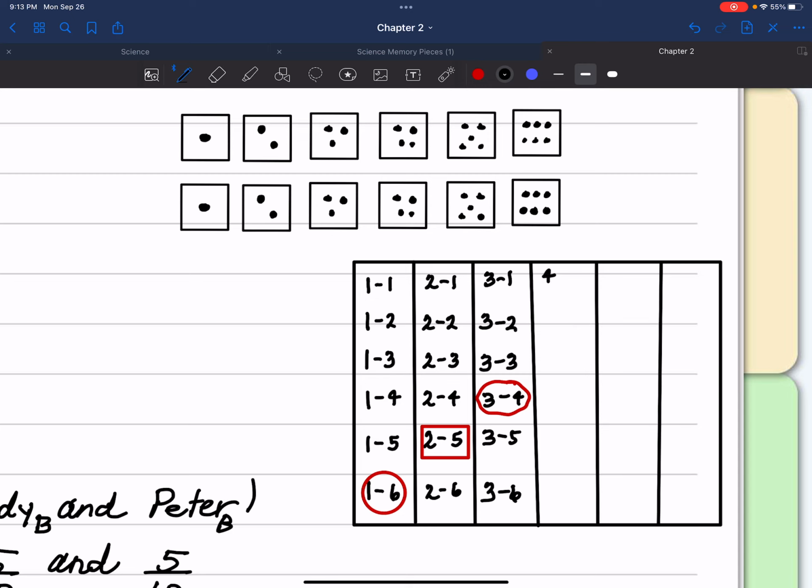Then I could roll a 4 on the first one. And then on the second one, it could be a 1, a 2, a 3, a 4, a 5, or a 6. And then, of course, my 7 is going to be right there. I could roll a 5 on the first one.